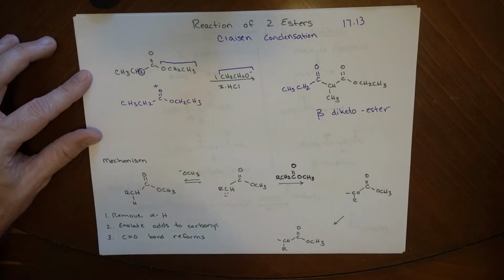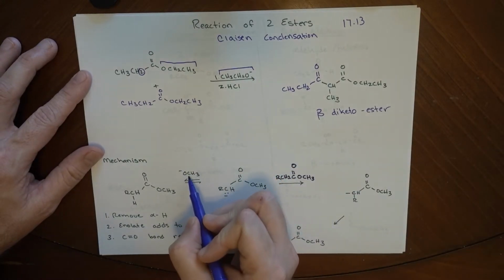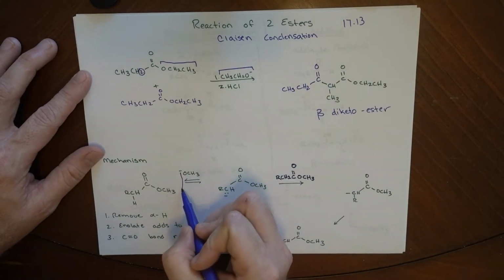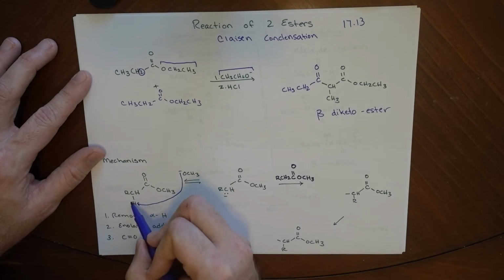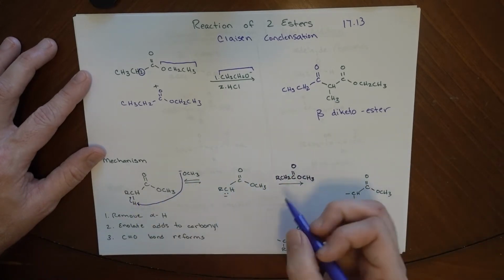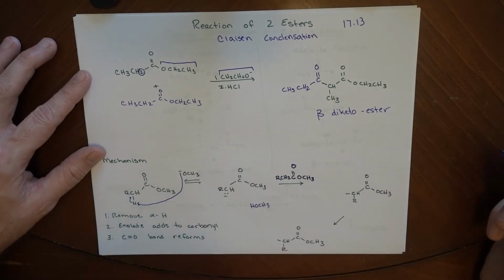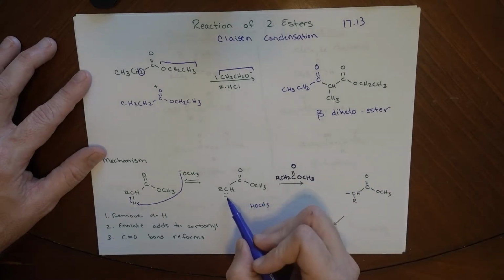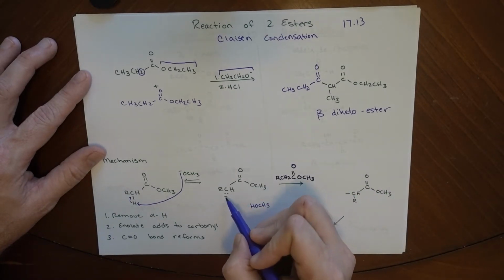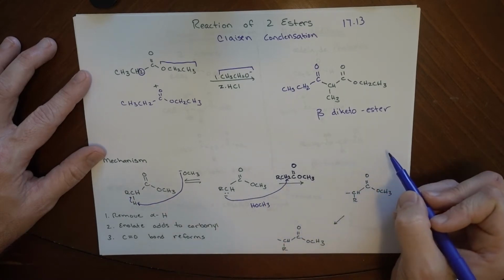Let's look at the mechanism for it. It's not too bad. So this oxygen right here in the base ends up grabbing onto this hydrogen, kicking these electrons up to here. So we end up making this species here, and we have HOCH3 formed here as a result. This is a rather strong base, so it's going to end up grabbing onto one of these hydrogens right here.